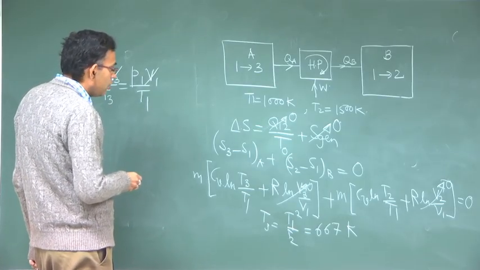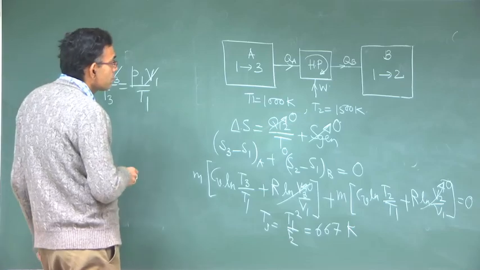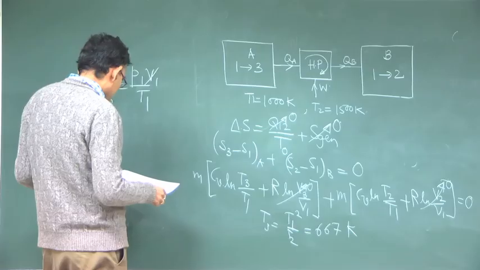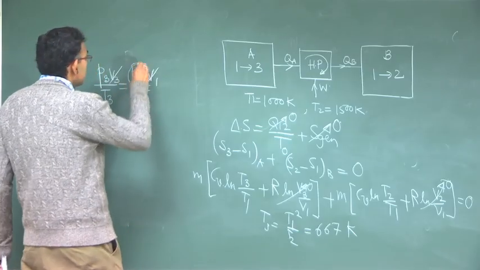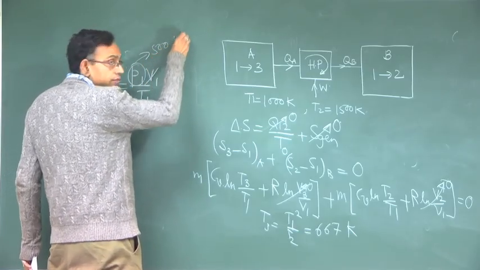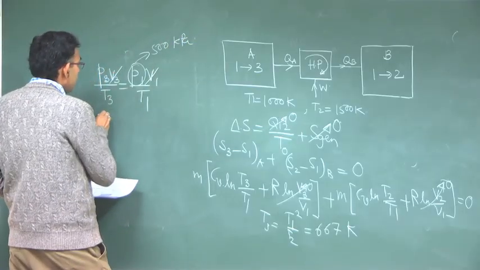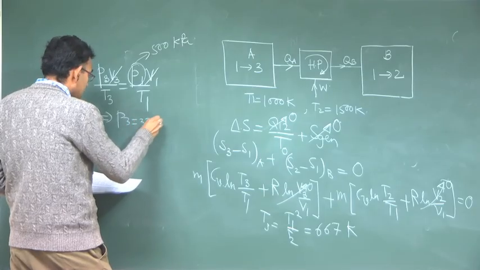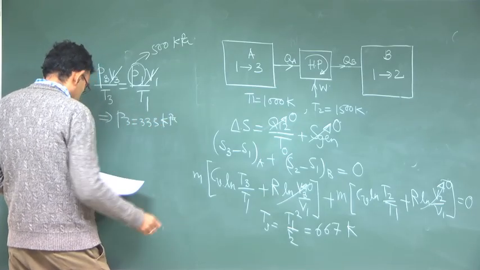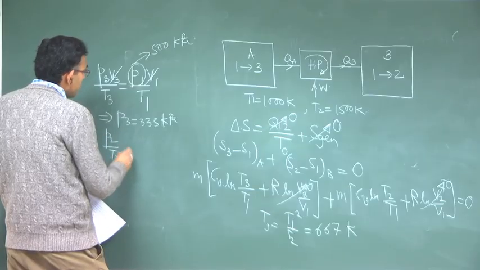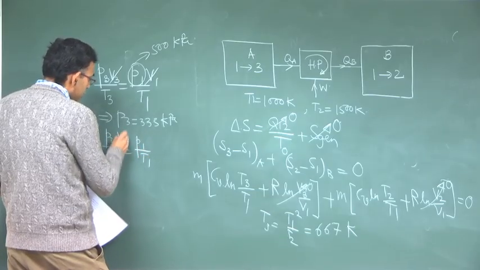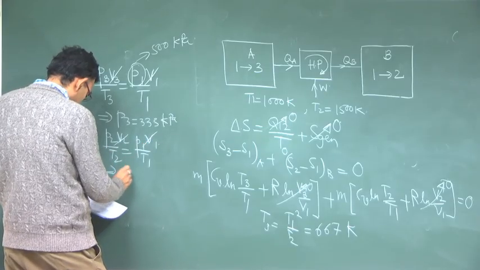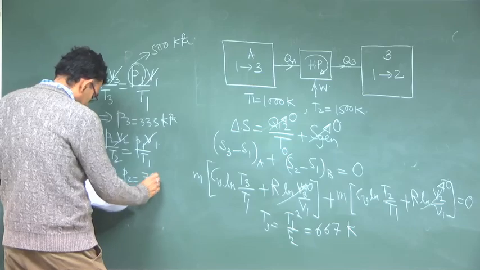So, you can find out from here what is P3. P1 is known, right. P1 is 500 kPa. So, this will give you what is P3. This is 333 kPa. This is similarly P2 by T2 is equal to P1 by T1 again. So, here also you will get same way, P2 is 750 kPa.